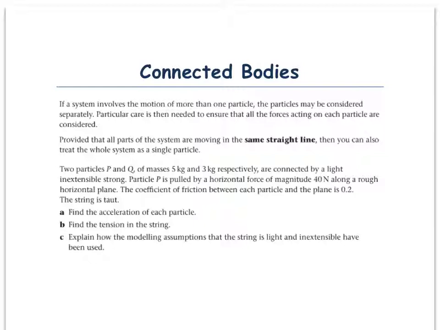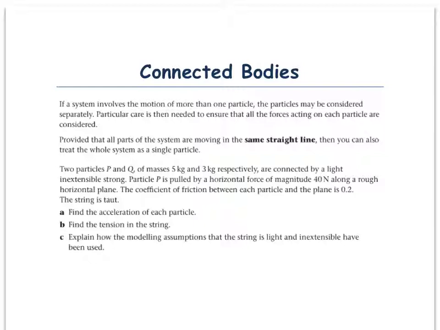on a particle. But if the two particles are acting in the same straight line, moving in the same straight line, then you can also treat the whole system as a single particle, meaning that you can combine their masses, you can assume that their acceleration is the same in both parts, and in some situations, you may be able to ignore certain unknown forces.